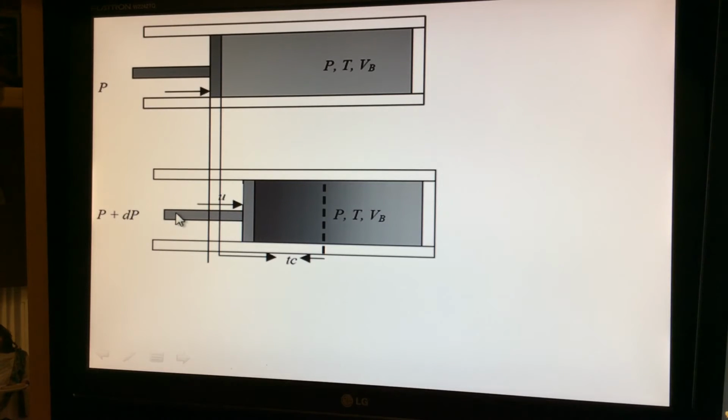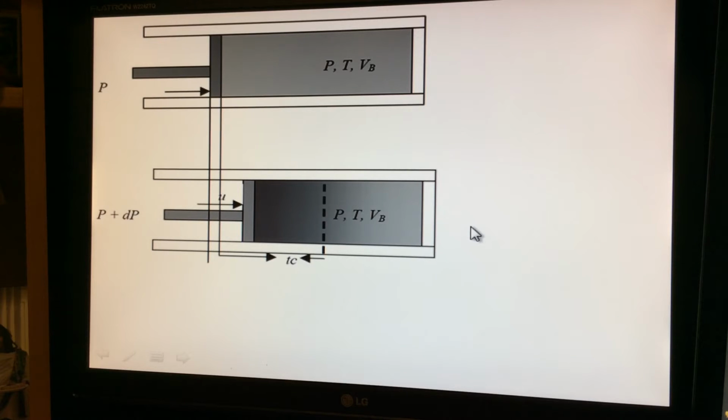The speed at which you are pushing the piston is, let's say, u. That is the velocity at which you are pushing the piston. When you do that, a compression wave is generated, and you can see that the compression generated a darker region in this area here.